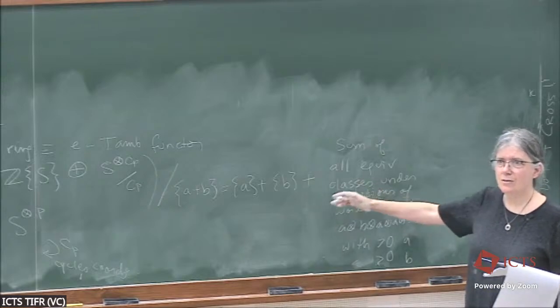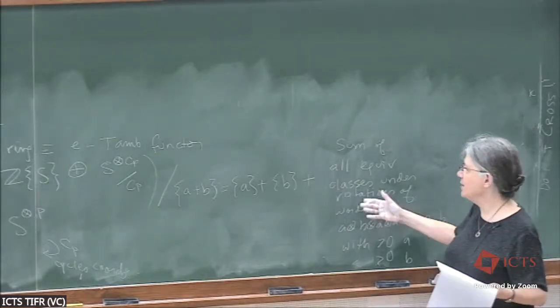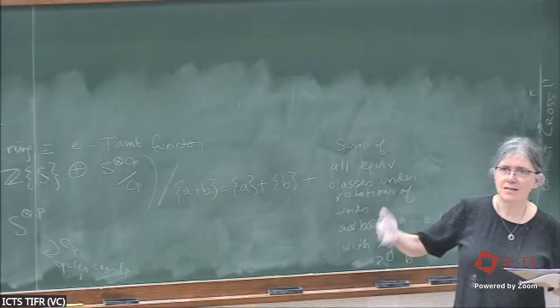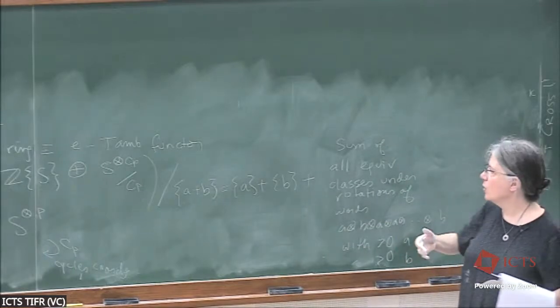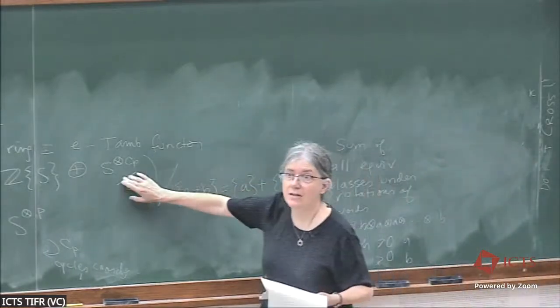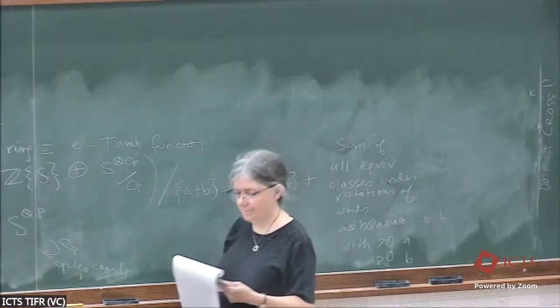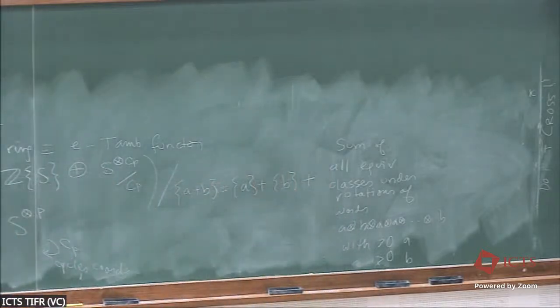So these words have to have at least one A, at least one B, and CP rotates on them, and I take one representative of each coset, and this lives here. So the point is that although I define it in this cheating way, this is actually a lot easier to calculate than the actual Loday construction.